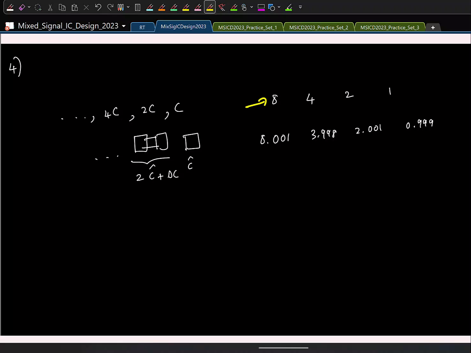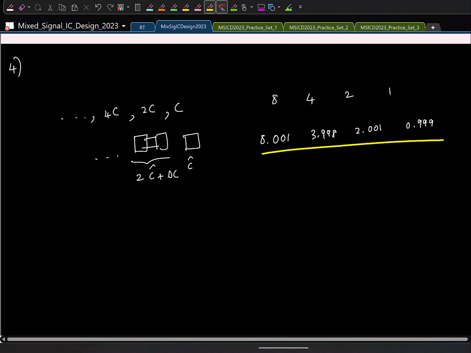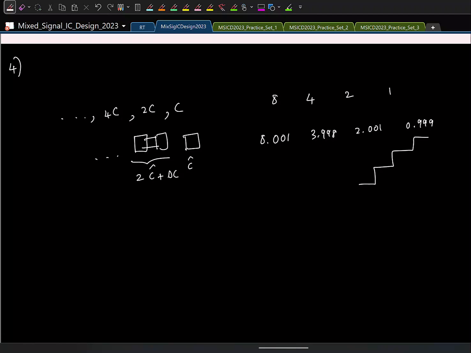But now I am saying the scaling factors are not going to be the same. Ideally you wanted something like this, where these are the reference voltages, but now they are going to be different. So what will happen now? It will again result in nonlinearity. This is going to be a huge problem, which is the mismatch in the capacitors.